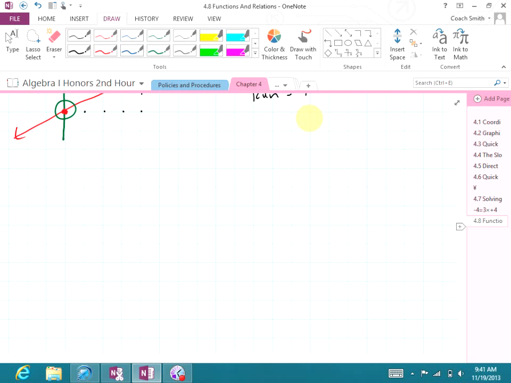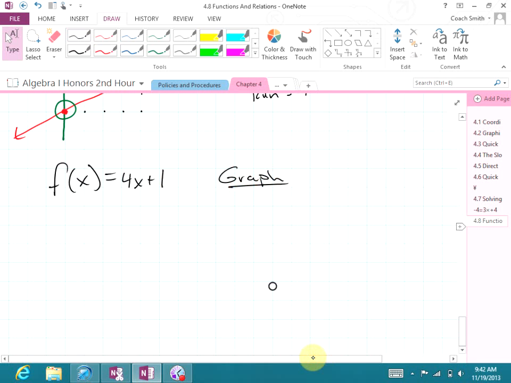Let's say we have f of x equals 4x plus 1, and they tell you to graph that expression. If you're going to graph that expression, then all we have to do is make f of x into y.